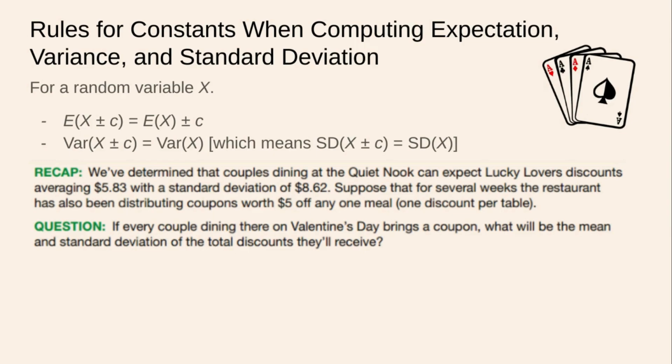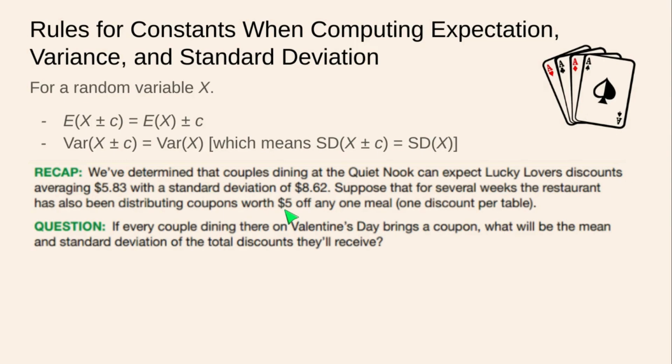If every couple dining there on Valentine's Day brings a coupon, what will be the mean and standard deviation of the total discounts they would receive? So, we need to take into account this $5 off any one meal. So we are changing each data value by $5. So we want to see what effect that's going to have on the mean and standard deviation of the discounts that the tables would receive.